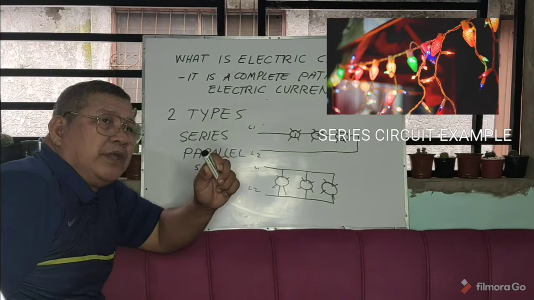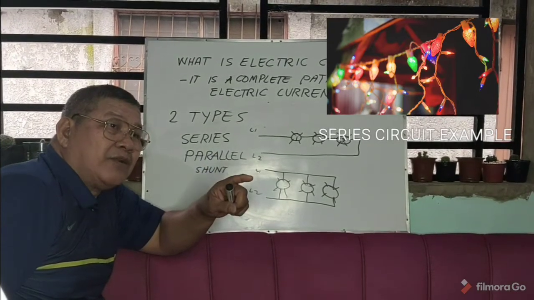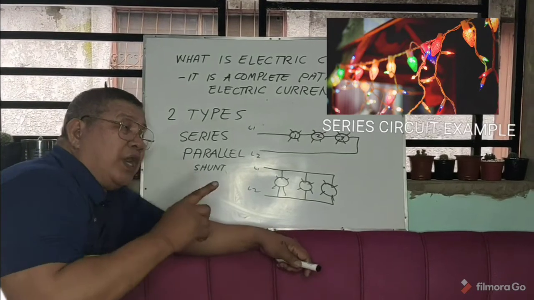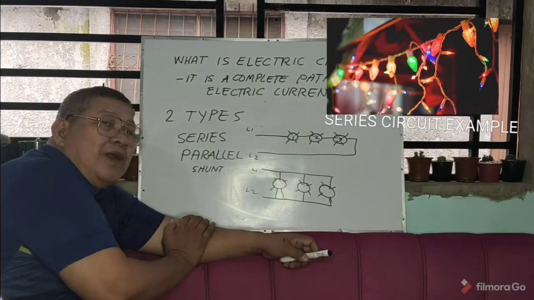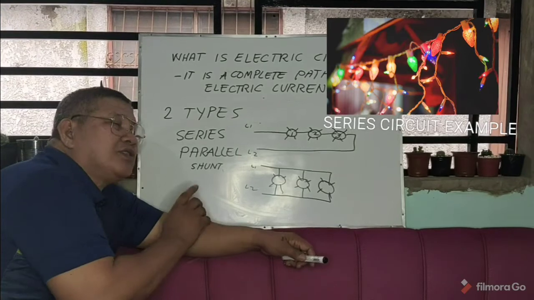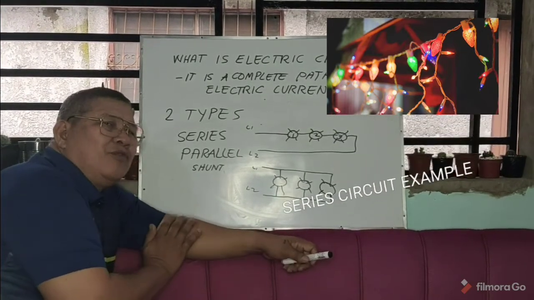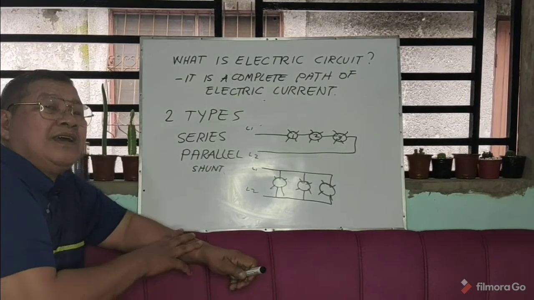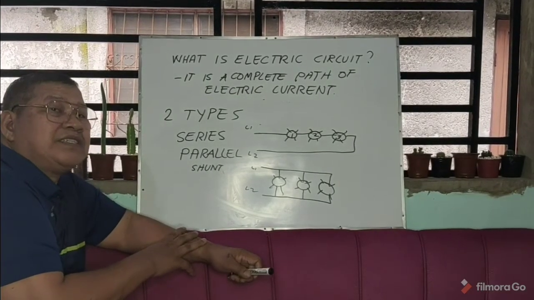So, in testing the series circuit, or rather the series light, what you will do, try to locate the one lamp there which is busted. Only one. So, what you will do, you will use a tester, a continuity tester.